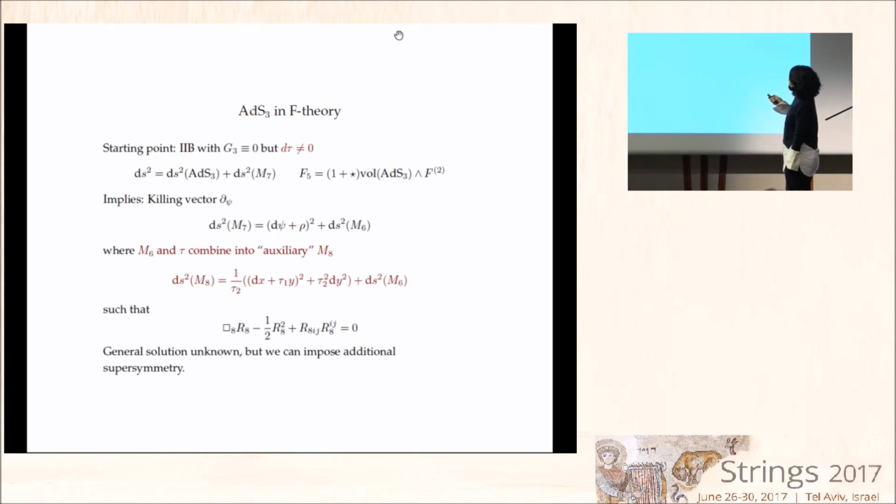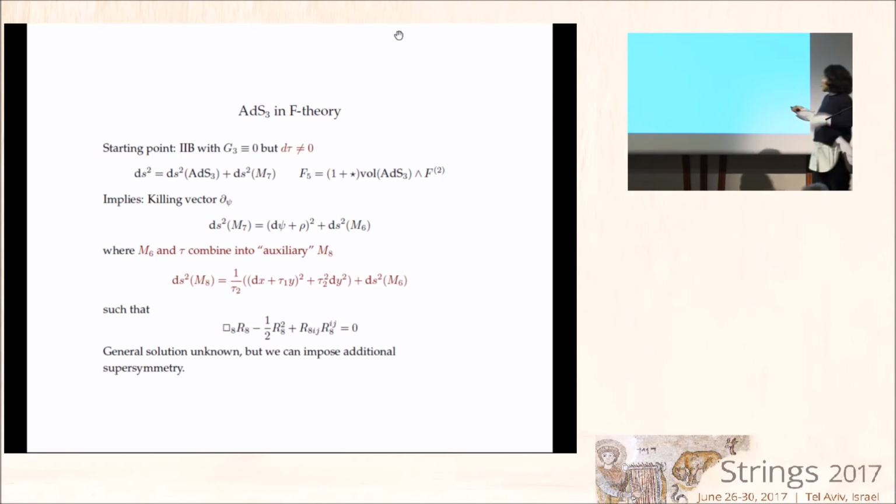So we consider type 2b supergravity. We don't have three-form flux, but we do allow for the axio-dilaton to vary. The ansatz is AdS3 times a 7 manifold, and some ansatz for the 5-form flux. It turns out the 7 manifold has a Killing vector, so we can write it in terms of a fibration over a 6 manifold.